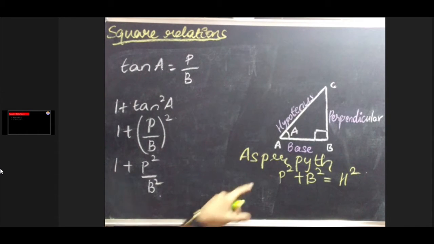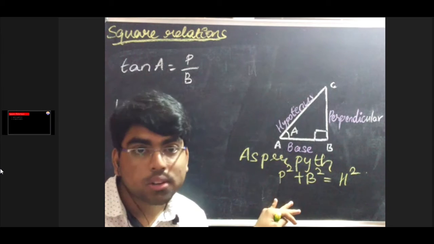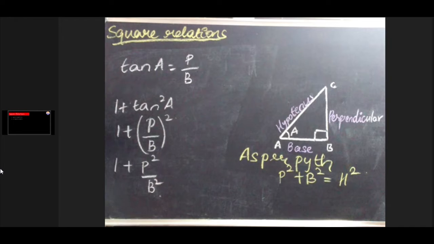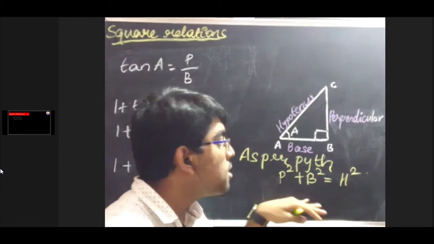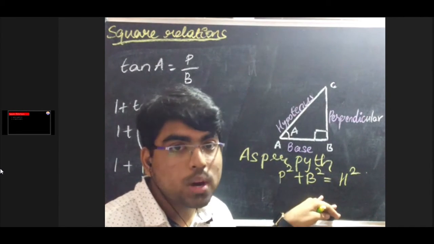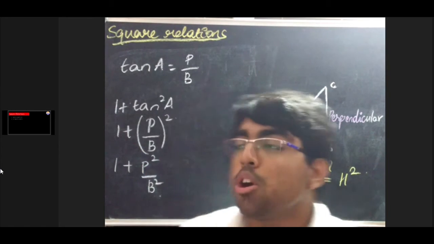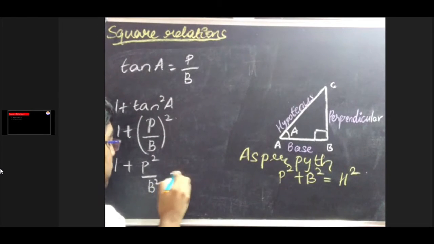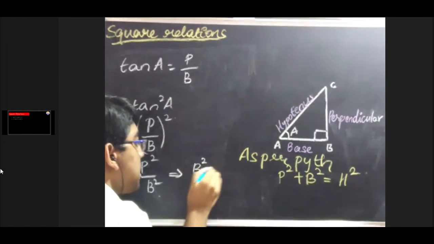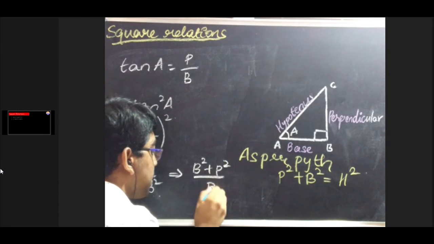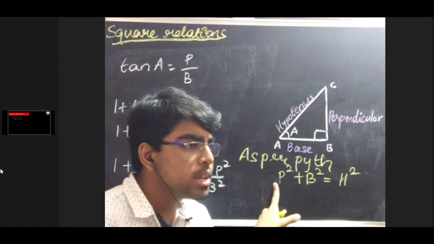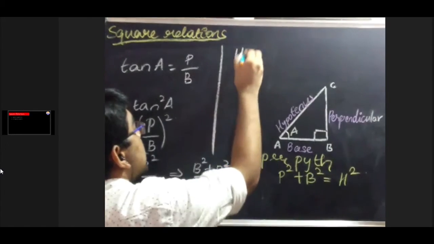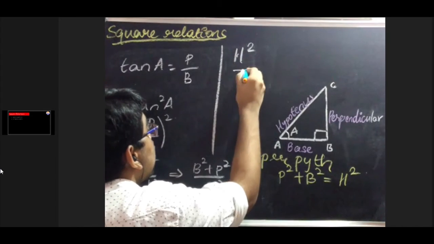I have purposefully not erased this result because in this standard result also, we will be using the same result we got over here, the Pythagorean result. So upon taking LCM, B square plus P square divided by B square. B square plus P square is nothing but H square. So H square divided by B square.